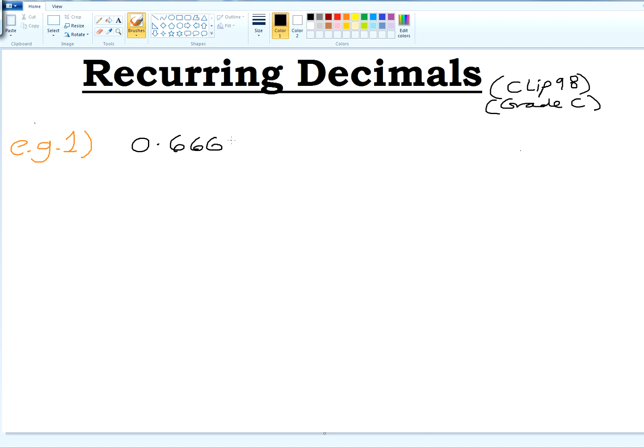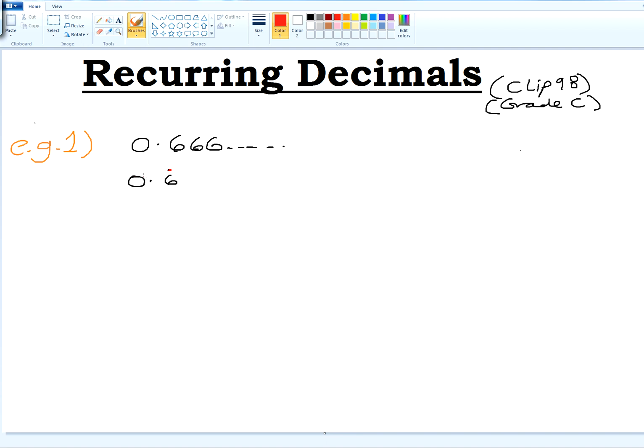Now this is one way they can represent it, either like this, or like this, 0.6 recurring, depending on how the examiner wants to show it. In the exercise I have in front of me, it's shown as a string of sixes with dots at the end. But normally, if we want to show that number, we would use 0.6 with a dot on top. The dot on top signifies that this number carries on forever.